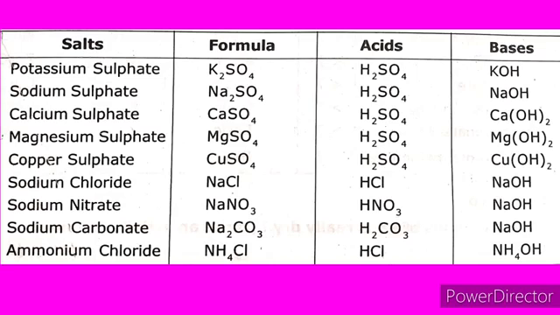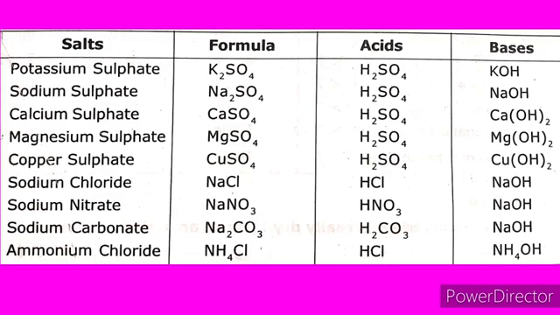The sixth one is sodium chloride. The formula for sodium chloride is NaCl. The required acid and base for preparing sodium chloride are hydrochloric acid and sodium hydroxide. Seventh one is sodium nitrate. The formula for sodium nitrate is NaNO3. The required acid and base are nitric acid and sodium hydroxide.